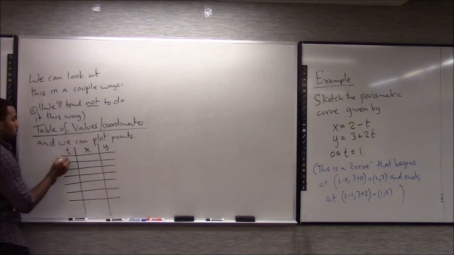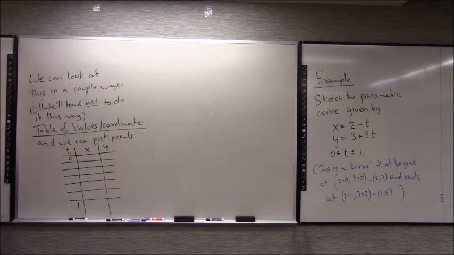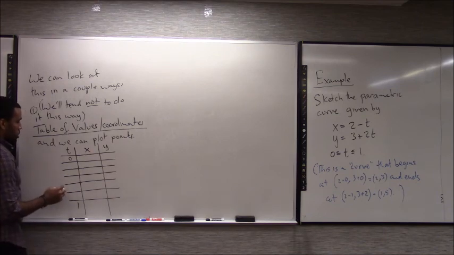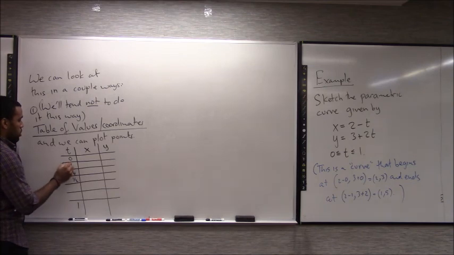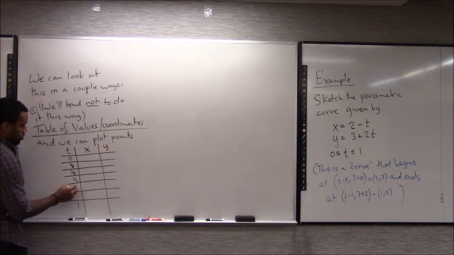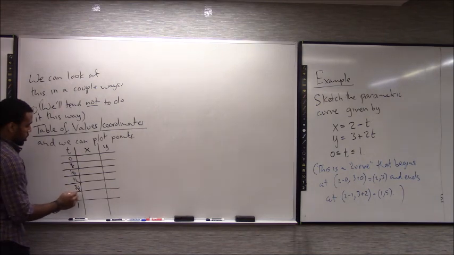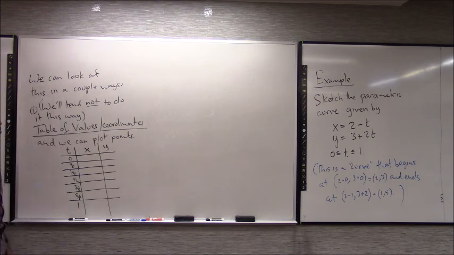Like I said, we already know that 0 to 1 is going to be the full thing that we want. Let's make here like a half, a quarter, 1/8, 3/4, 5/8, whatever, random numbers that I'm plugging in.